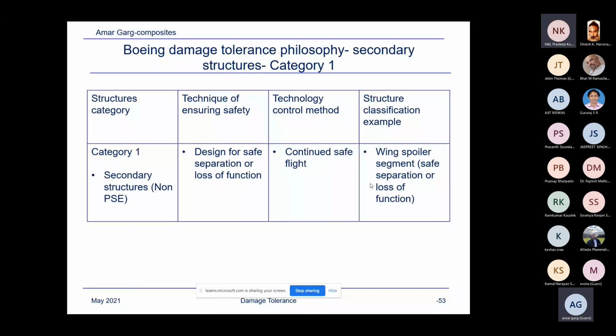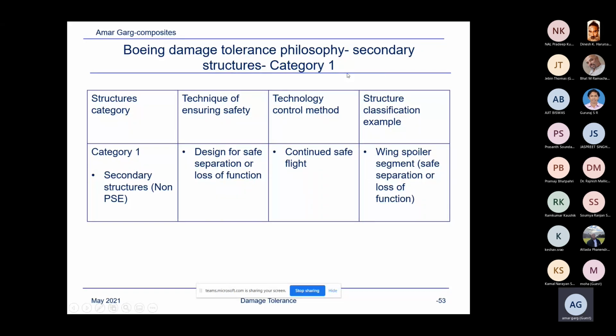Okay, when I said category of damage, Boeing has now defined the categories of damages in a different manner. That's why it changed to type. So here, this is the table I wanted to discuss so that you have some idea about which component needs to be assessed to what level. So this is Boeing's damage tolerance philosophy.